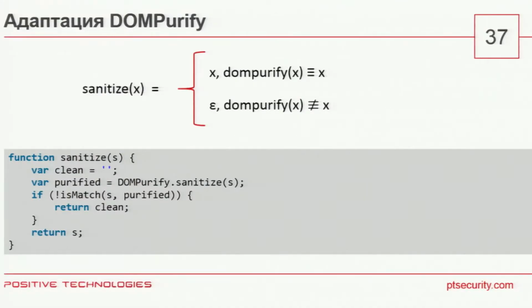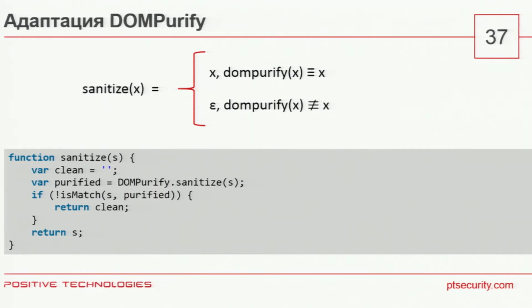How can we adapt DOM Purify for our tasks? If we have at the entrance a certain line X, we calculate the result of DOM Purify application to this line, and then we compare the lines with tag shift accuracy, for example, single or double quotation mark.